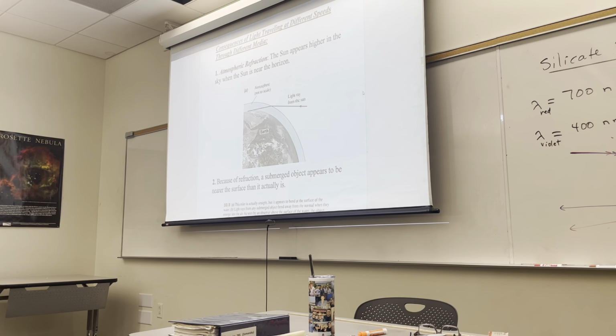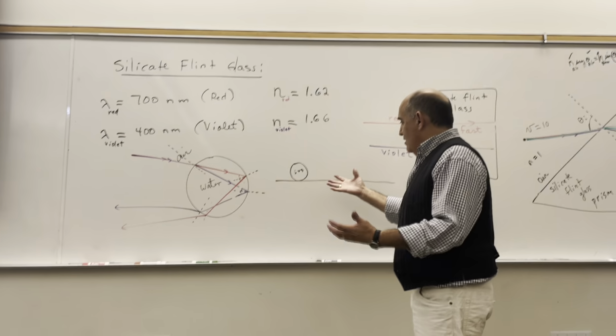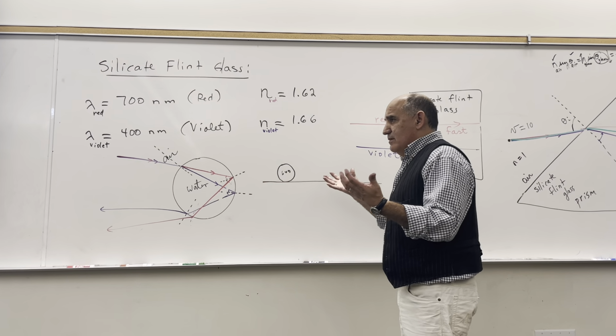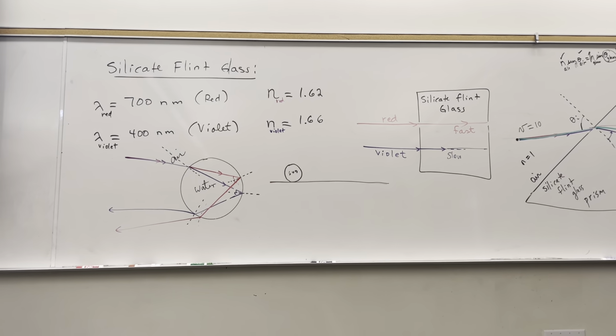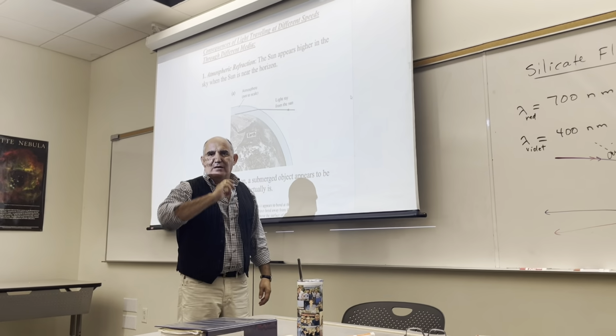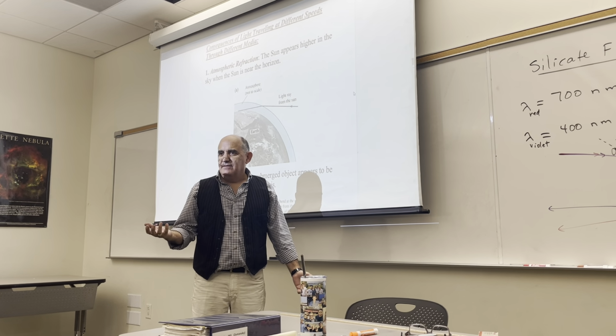And so the truth is that the sun is already over the horizon when you're looking at it. It's already over the horizon. If I'm in Laguna Beach and I'm looking west and I see the sun, it's about to set. Where do I think the sun is?